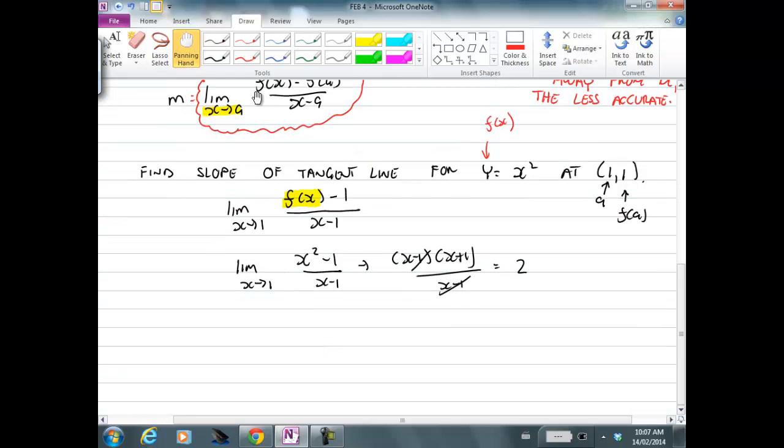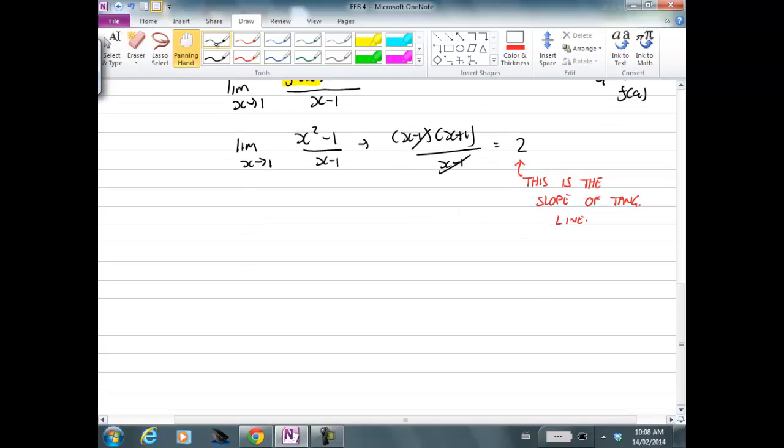I'm going to write a few things down. This is the slope of the tangent line. Okay. That's the slope of the tangent line. That's nothing yet. I'm going to ask you part B. This is where it's a bit more interesting.